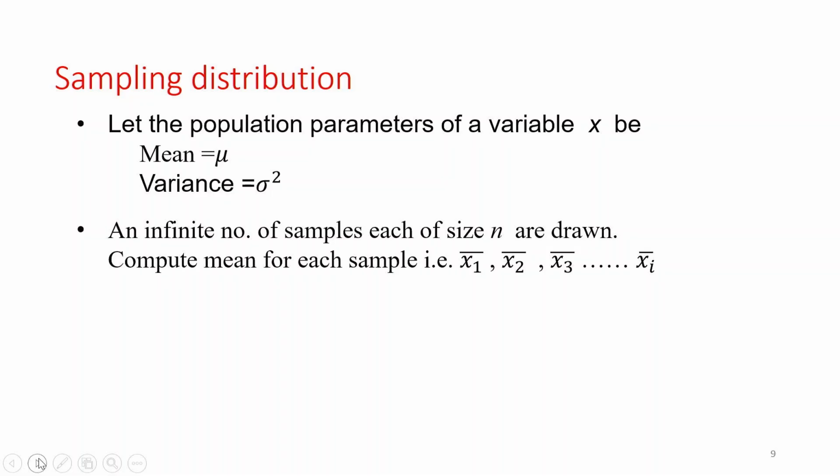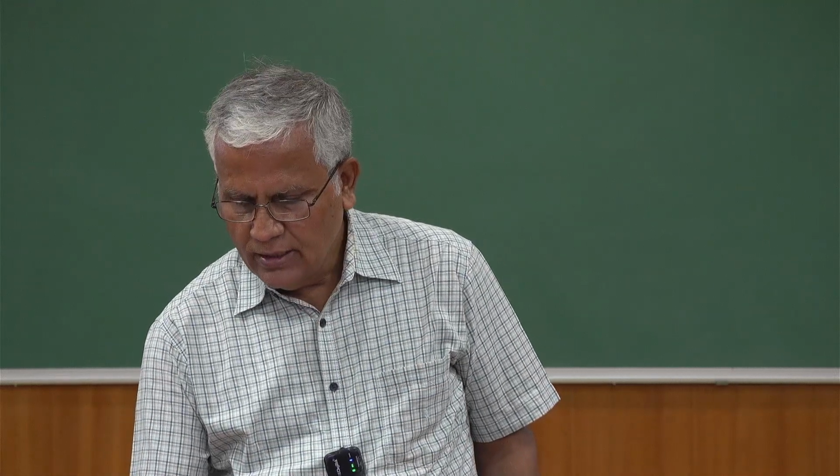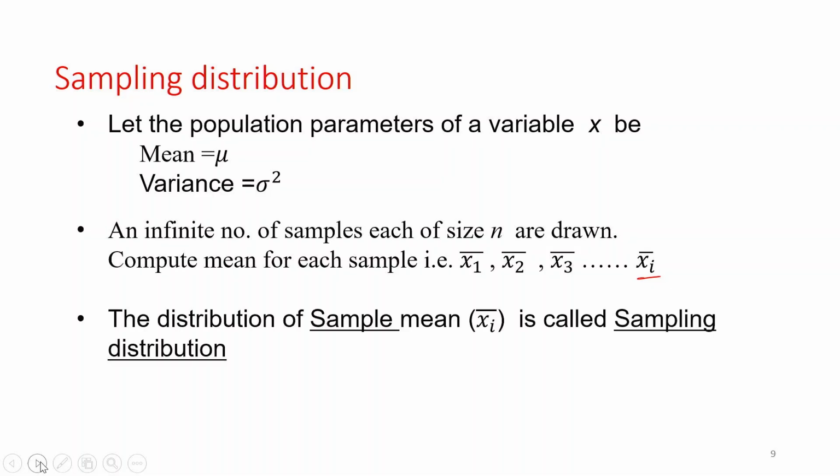We get the means x1 bar, x2 bar, x3 bar, up to, say, xi bar. These are the values. Remember, the distribution of the mean is called the sampling distribution. So the sampling distribution is the distribution of sample means.